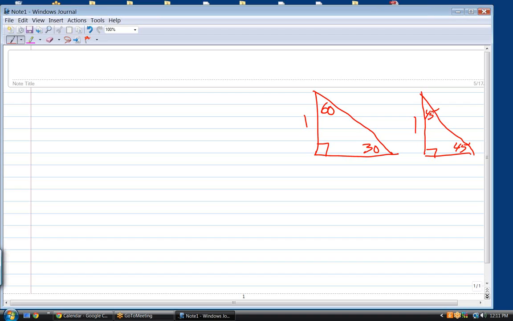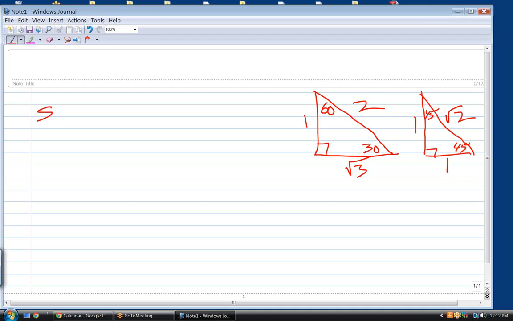Even though that's also 45 there. And on the 30-60, the side opposite the 60 is square root of 3, and the hypotenuse is 2. On the 45-45, that one's also 1, and this is square root of 2. So if you memorize everything you see on my page right now, you will have the first quadrant memorized.